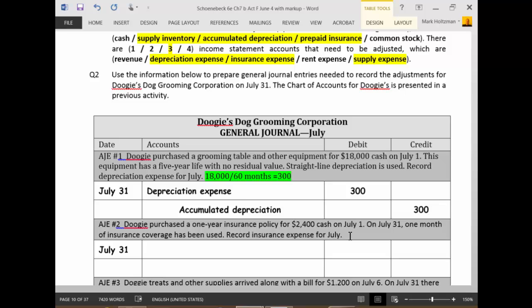Now, the amount is one thing which everybody gets wrong. The accounts that you do for a depreciation journal entry are always the same. Debit depreciation expense, credit accumulated depreciation.